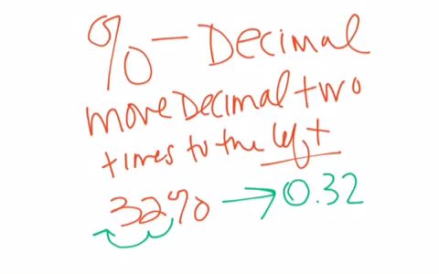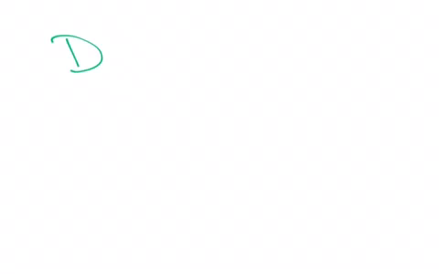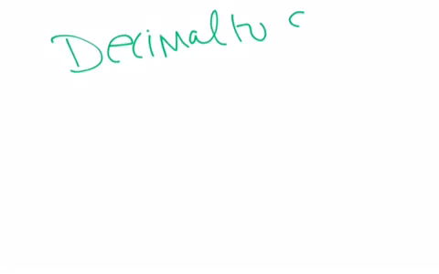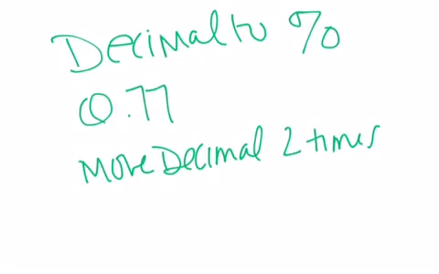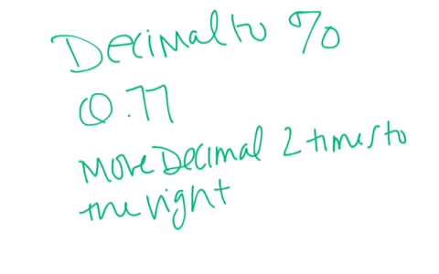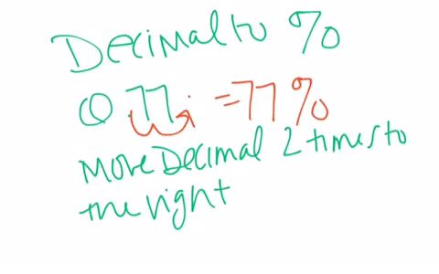All right, now if you're going from a decimal to a percent, like 0.77, you're going to move the decimal point 2 times to the right. Okay, think about this.